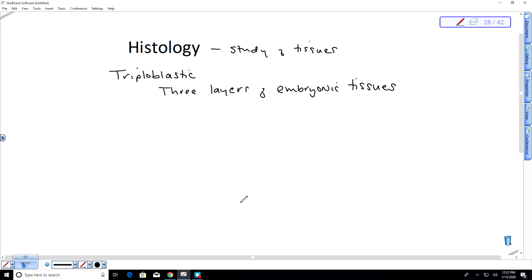So these are unspecialized. So we can talk about them containing stem cells that are then going to become specialized. And this process is called differentiation.